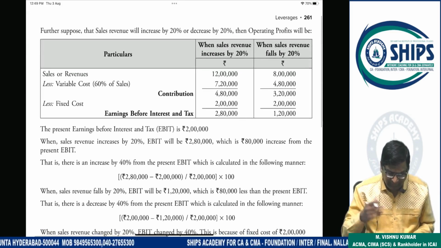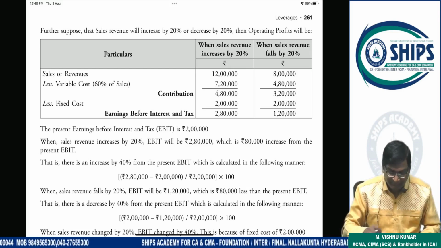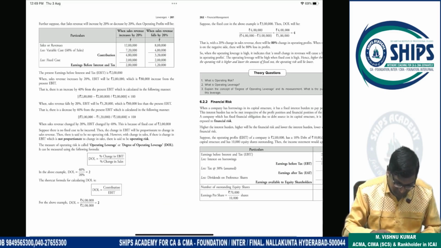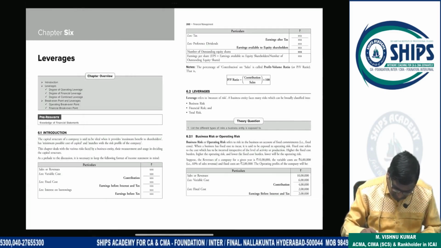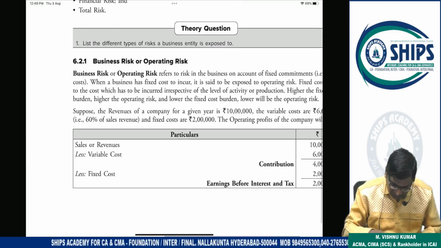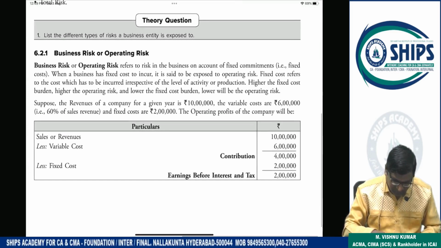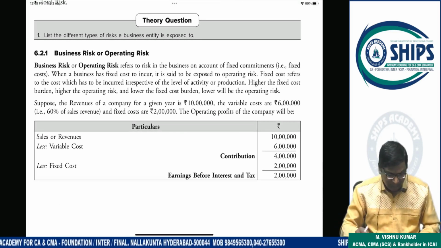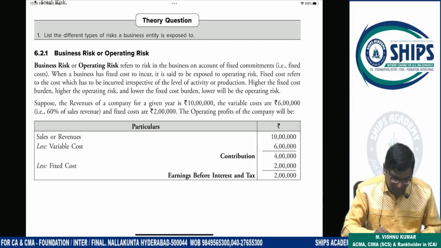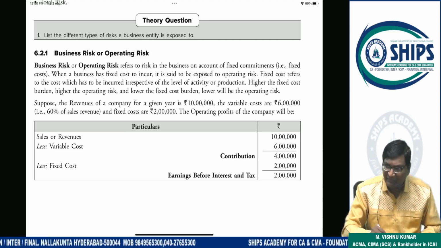चलिए now concentrate. I am explaining the second formula, percentage change वाला. Okay. Suppose revenue of a company 10 lakh rupees, variable cost 6 lakh rupees, fixed cost 2 lakh rupees. अभी वही सेम एग्जाम्पल डाला मैं आपको.